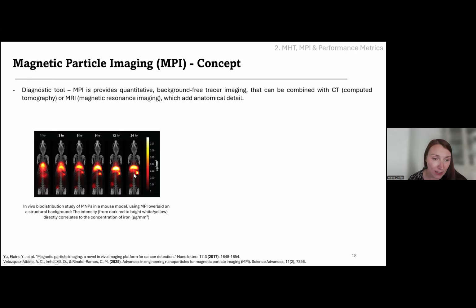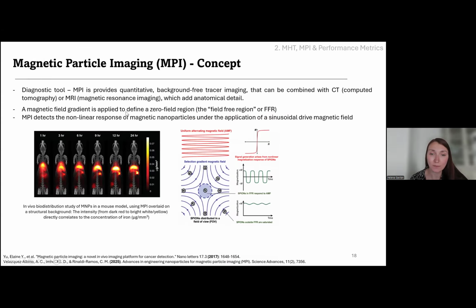Here you have an in vivo distribution study of magnetic nanoparticles in a mouse model where you can see the MPI signal coming from the nanoparticles that have accumulated in organs, the bright white-yellow areas. And this signal directly correlates with the concentration of iron. So this is why I say that it's a quantitative tool.